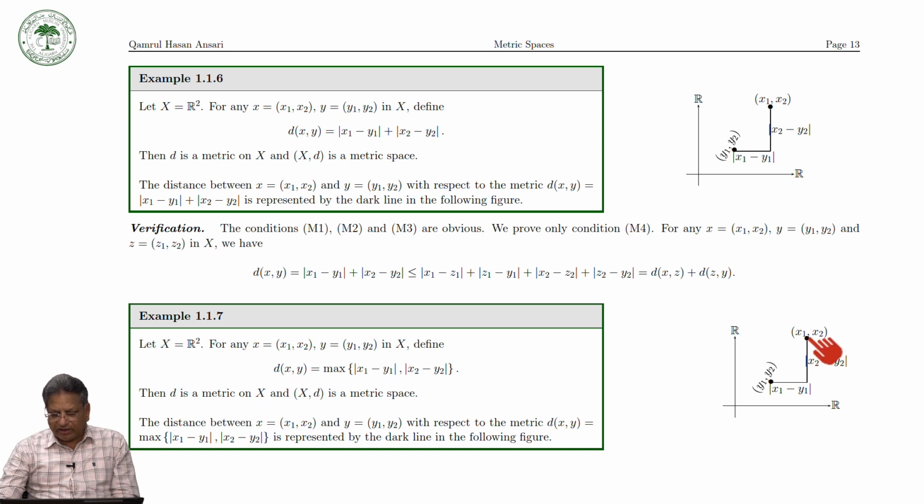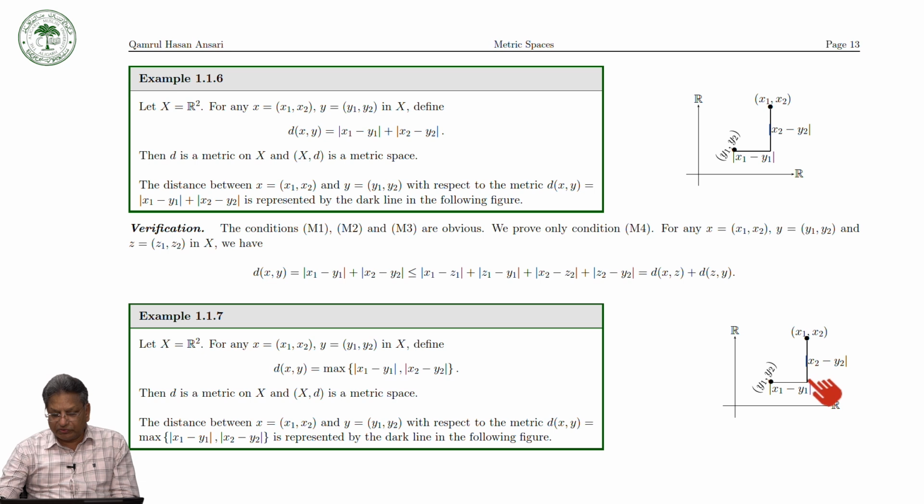The meaning is that again here this is your point x whose coordinates are x1, x2, and this is the point y whose coordinates are y1 and y2. As we have seen, this distance is mod of x1 minus y1 and this distance is mod of x2 minus y2. But what are we taking? We are taking the maximum of these two.